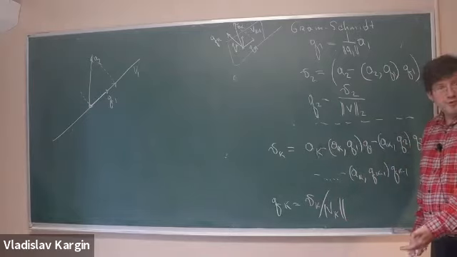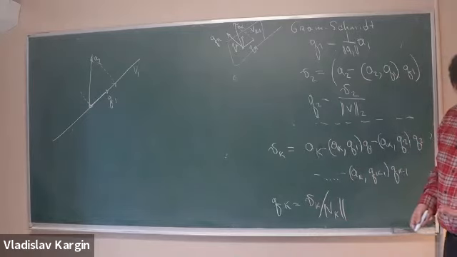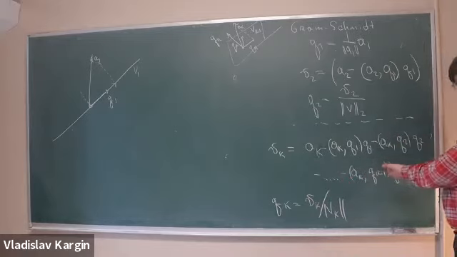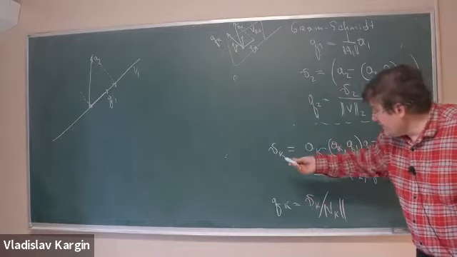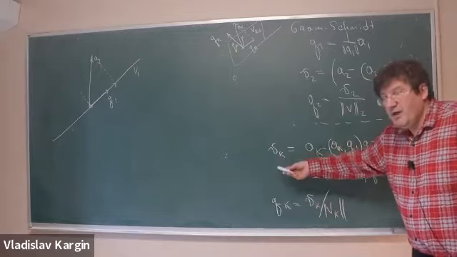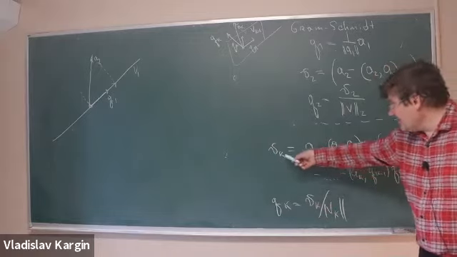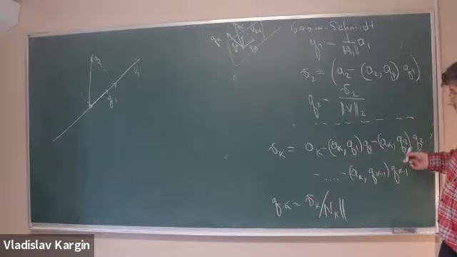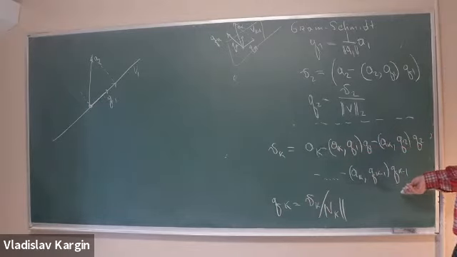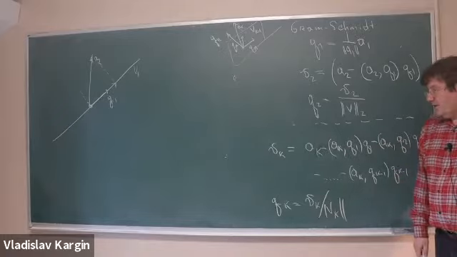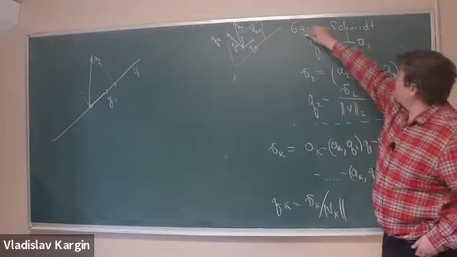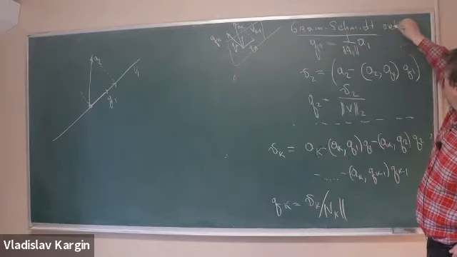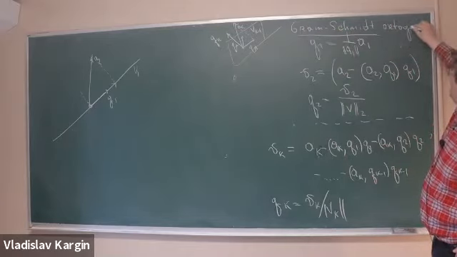You can continue this process, and it's clear that whenever you generate a new vector q, it will be perpendicular to all the previous ones. It is very easy to check: you multiply vk by qi with a smaller index and you will see these things become equal to 0. It can be verified immediately from this formula. Okay, so this is the algorithm. It's called the Gram-Schmidt orthogonalization process.